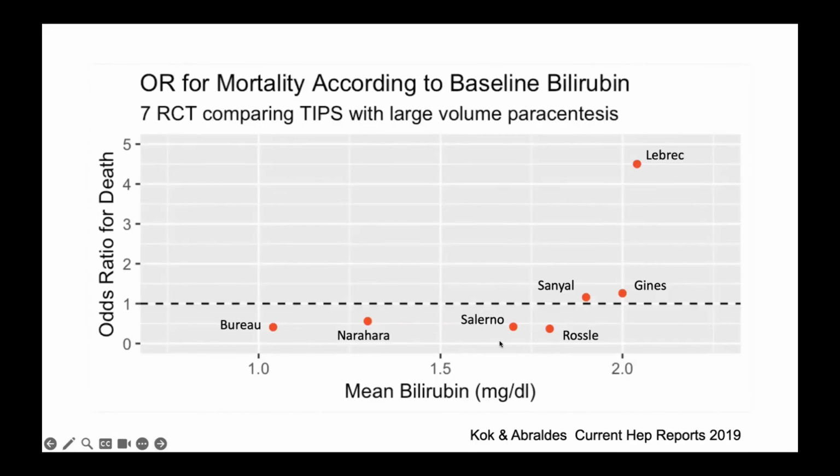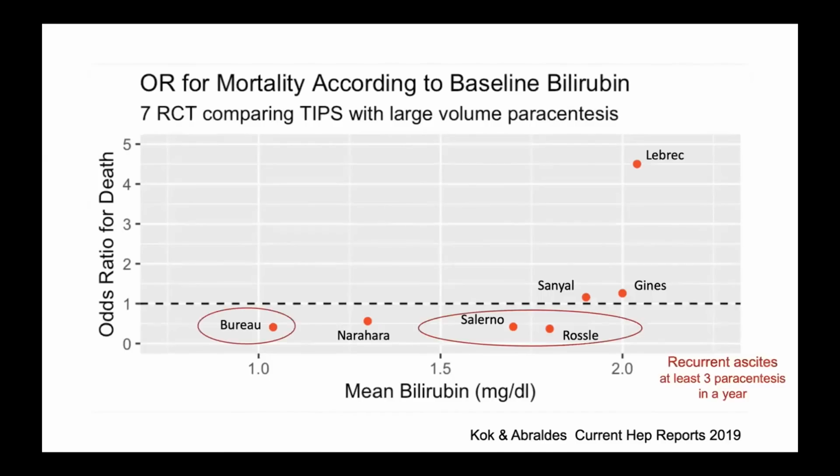Everything below the line is a survival benefit with TIPS. Above the line, worse survival with TIPS. As you see, the higher the bilirubin, the higher the chances that TIPS increases mortality. The lower the bilirubin, the higher the chances that TIPS improves survival.